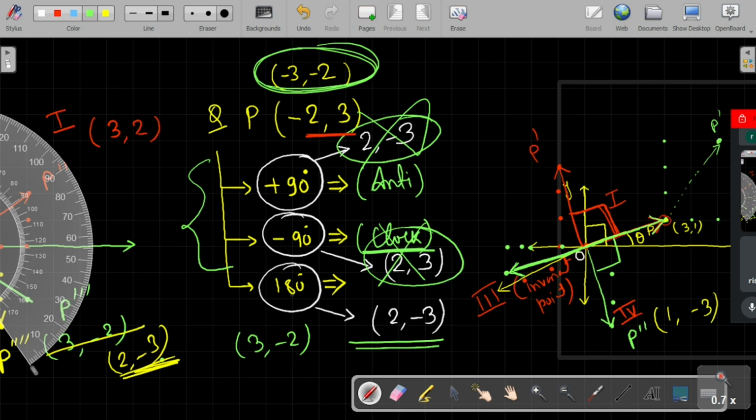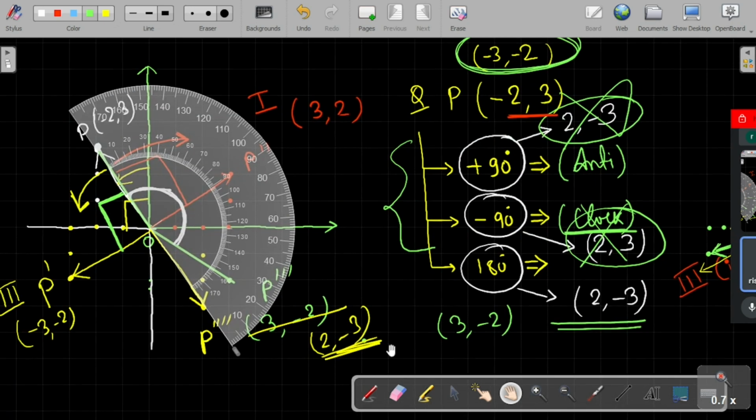So write the rule for 180-degree. No change in coordinate. Simply reverse the sign of both the coordinates.